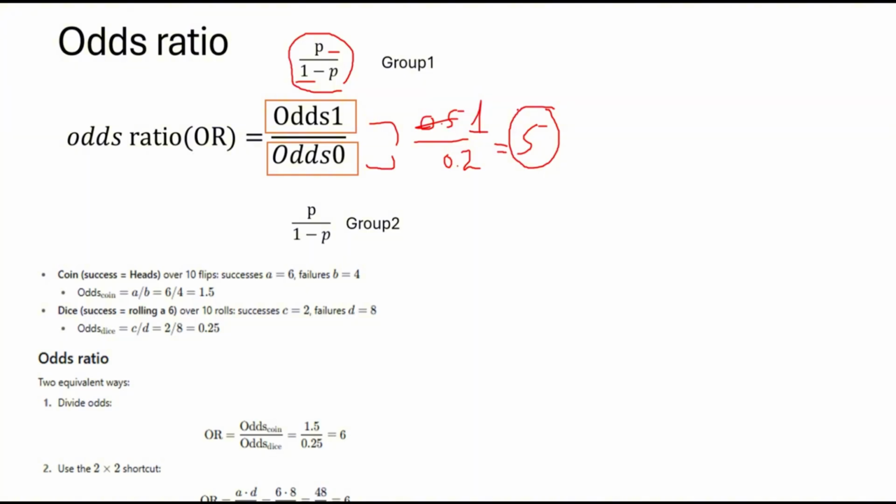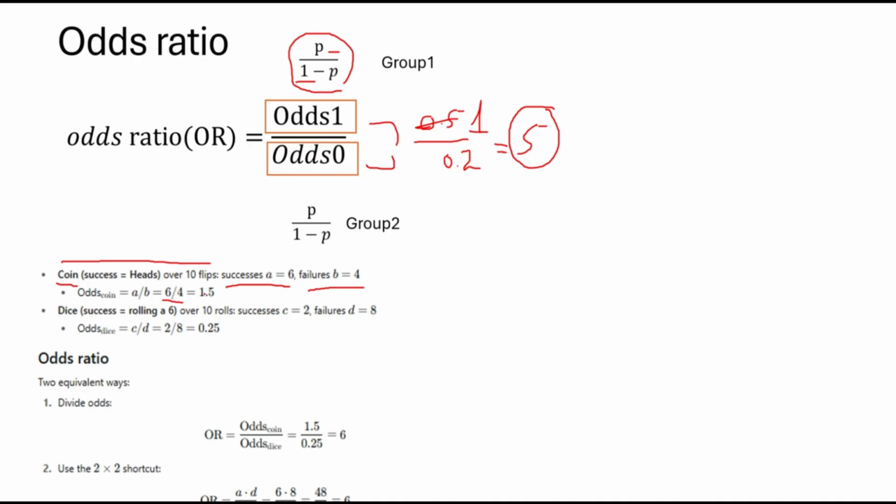So let's make a scenario here. For example, in the coin, we flip the coin in the air 10 times, and out of 10 we get 6 times head and 4 times tail, which leads us to failure or losing the game. If you want to know the odds of these numbers, you take the outcome and the event that didn't happen.